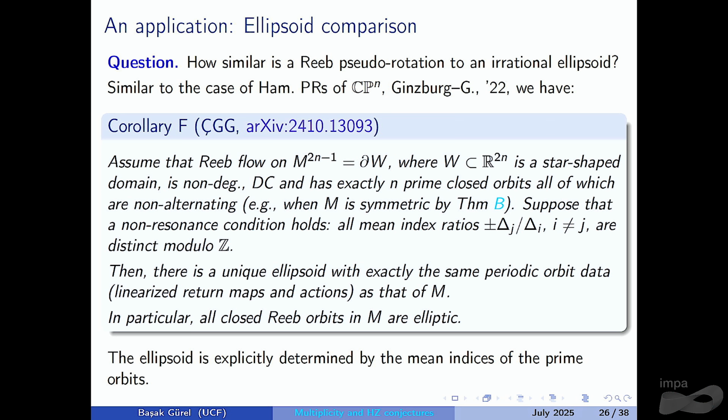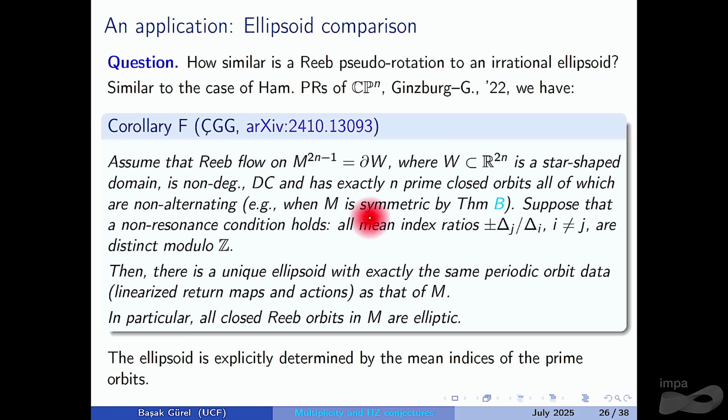Now, an implication of the whole story is this ellipsoid comparison that maybe I briefly mentioned in the beginning. With this in mind, one can ask how similar a Reeb pseudo-rotation is in fact to an irrational ellipsoid. We have this result.